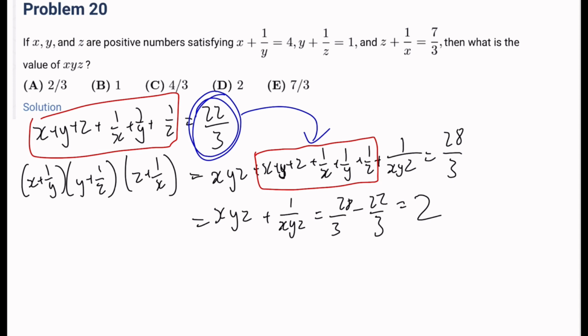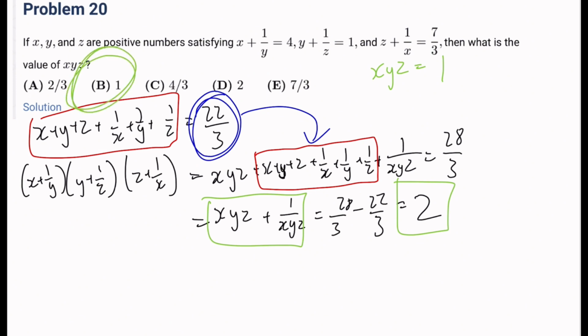And since xyz plus 1 over xyz equals 2, that just gives us the value of xyz. xyz must be equal to 1. And so xyz is 1. The answer is B.